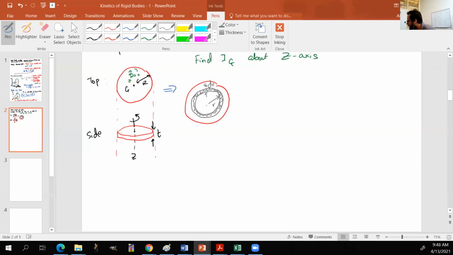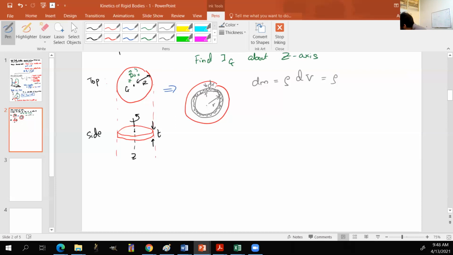Right? So for this really thin sliver, I can say that dm is just equal to the density of the body, uniform density, because we're looking at uniform rigid bodies, times the differential volume of that, right? So now to find the differential volume, I need to find out what the volume is in terms of things that are given to me, right?